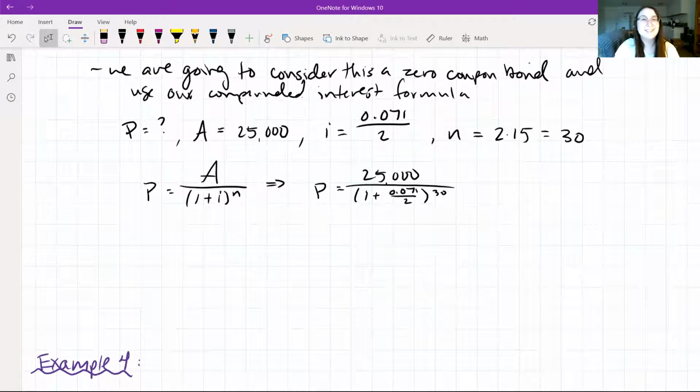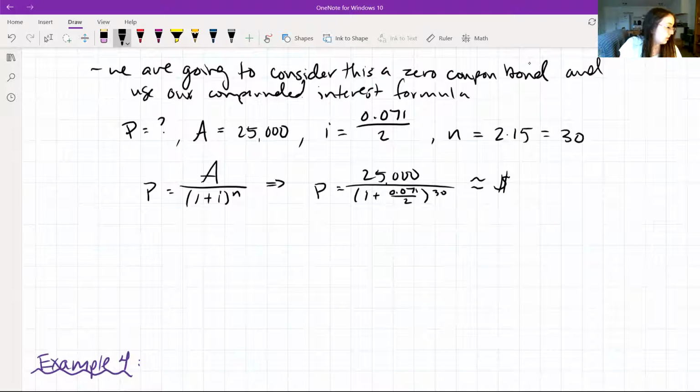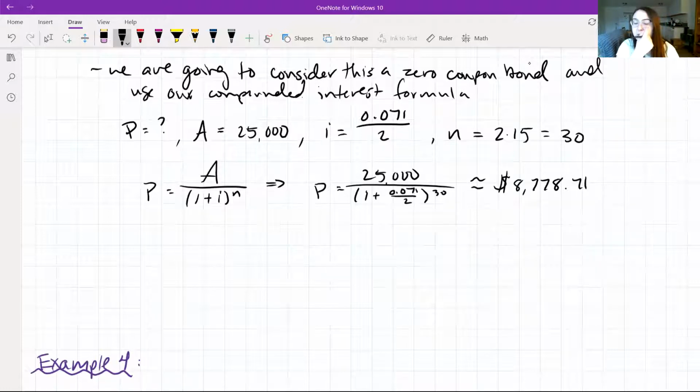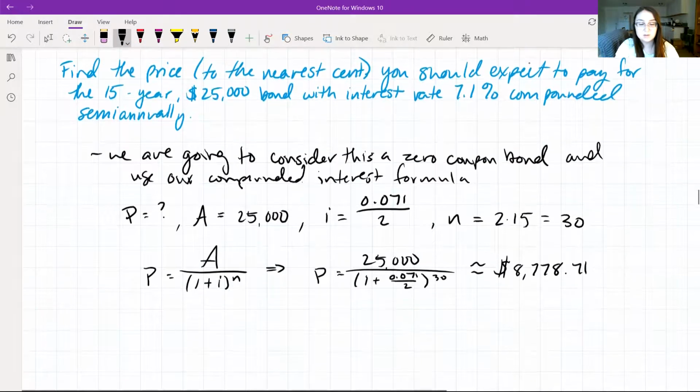I highly suggest that you calculate this value on your own, and you should end up getting that your present value was $8,778.71.